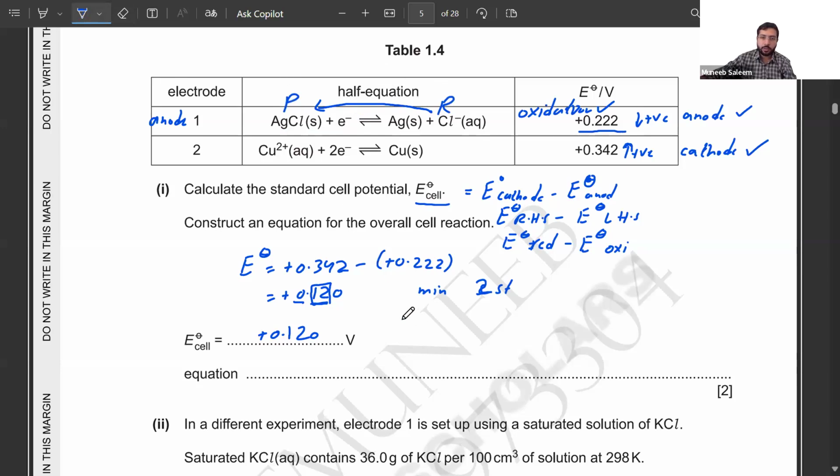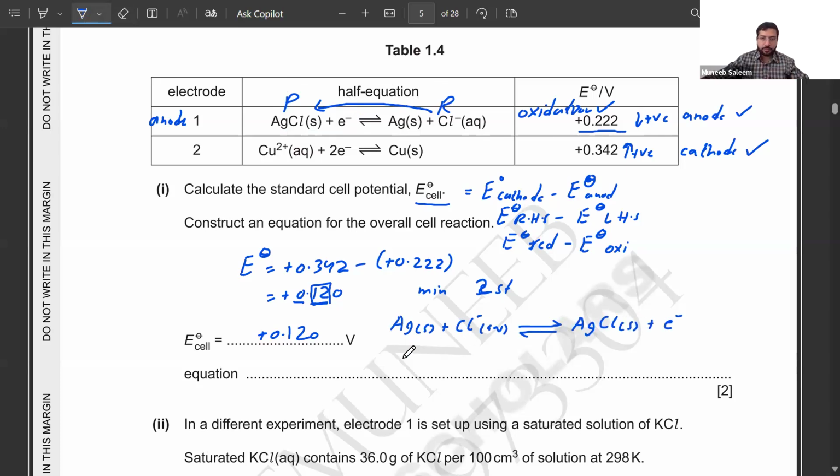So I'm going to write in a similar way, Ag in the solid form plus chloride in the aqueous form, and it should go in this direction. Now AgCl is the product, in solid form, plus electron.